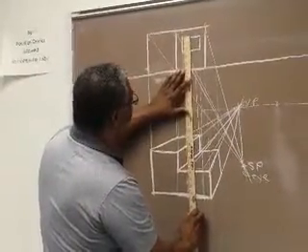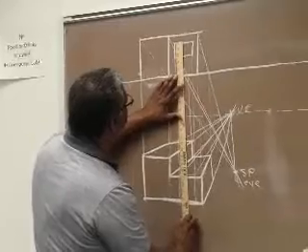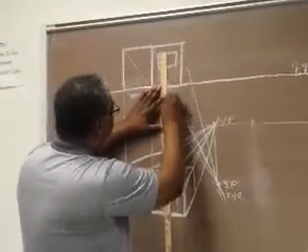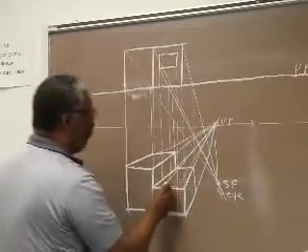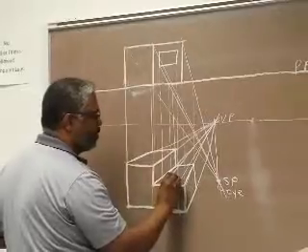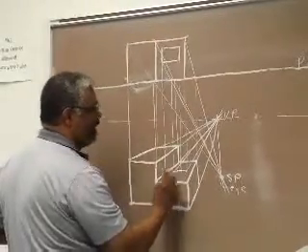I bring it straight down, and where it intersects this point locates this corner right here. And this is a horizontal line, so that's that right there.